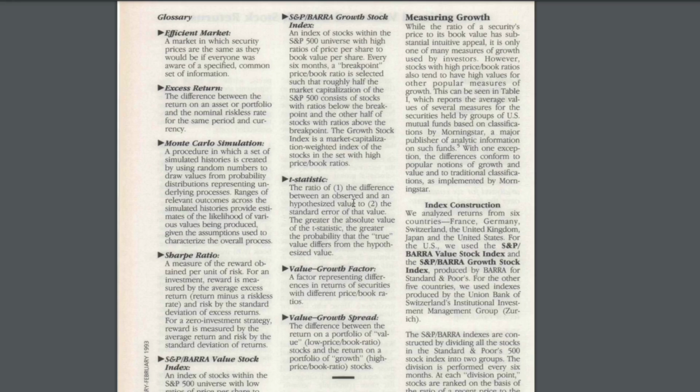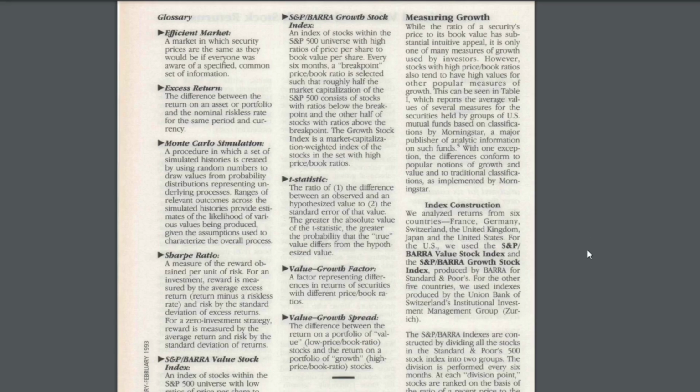And the greater the absolute value of the T statistic, the greater the probability that the true value differs from the hypothesized value. So it's just to determine between hypotheses and null hypotheses, basically, is how they're determining that. So it's like how accurate your hypothesis would be? Mm-hmm. Okay. And how significant the results are.